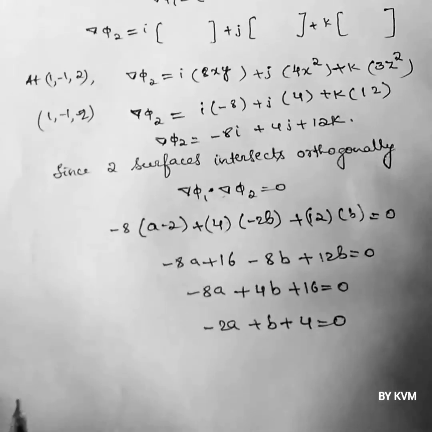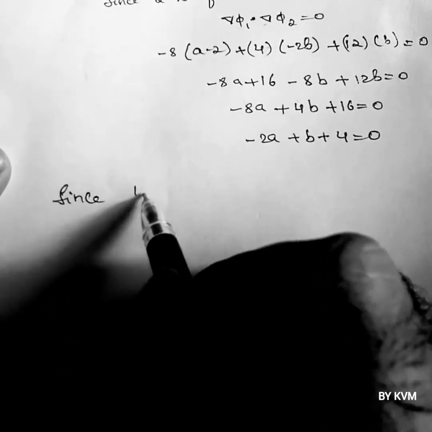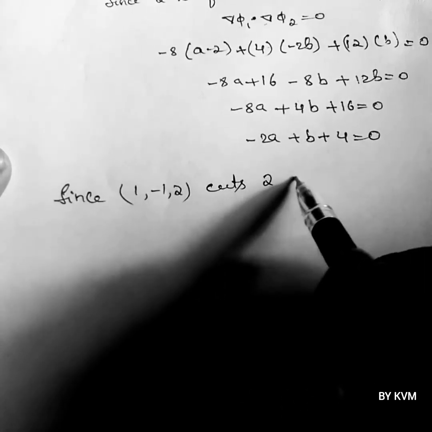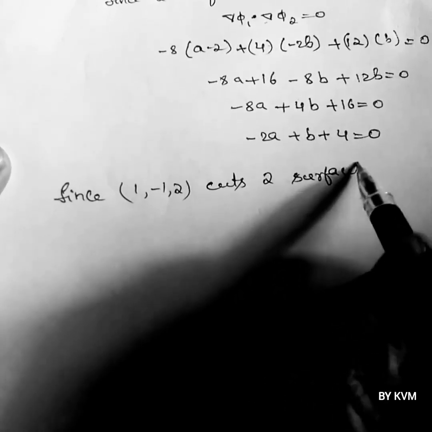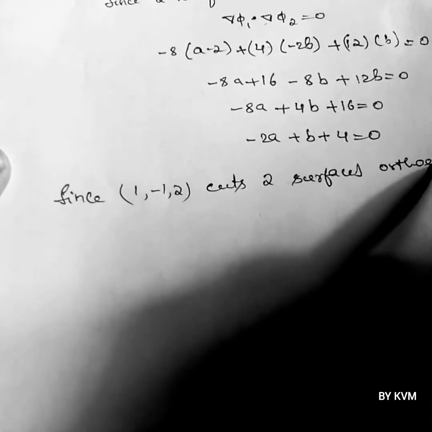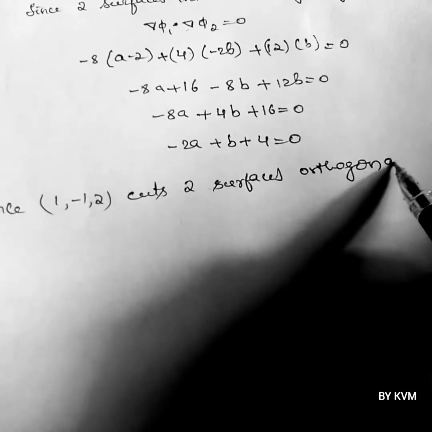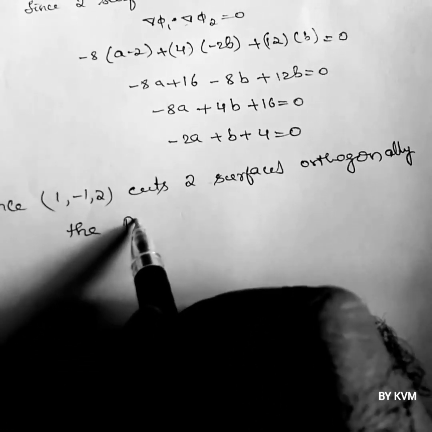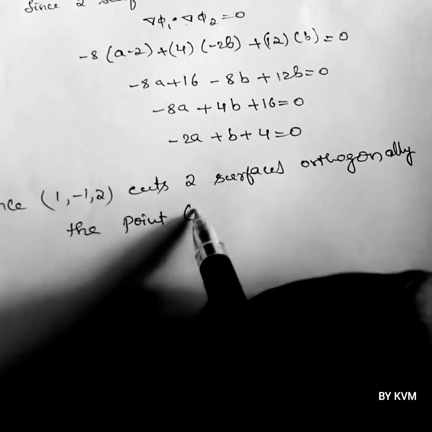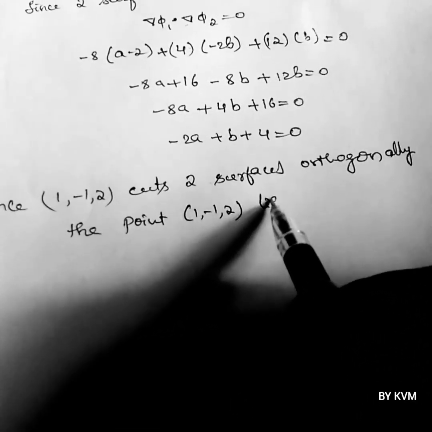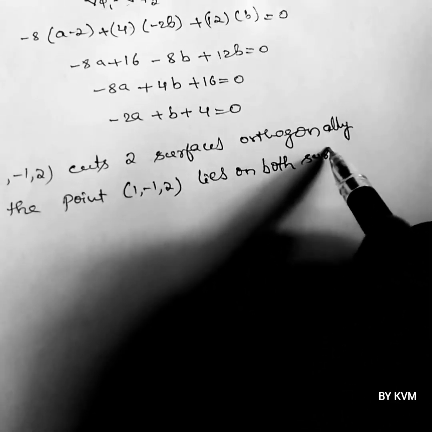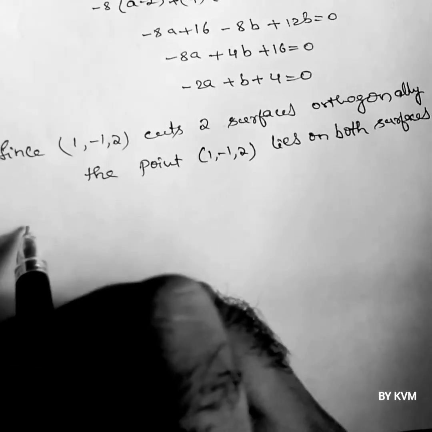So therefore we can write, since 1 comma minus 1 comma 2 cuts the two surfaces orthogonally, the point 1 comma minus 1 comma 2 lies on both surfaces.